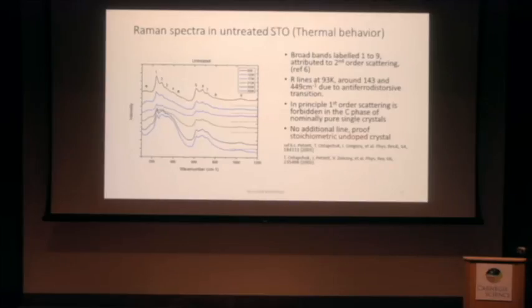We can see the peaks labeled 1, 2, 3, and so on, which are well known and attributed to second order scattering, and the R lines, which are seen at low temperature, are due to the antiferrodistorsive phase transition. I remind you that, in principle, first order Raman scattering is forbidden in the cubic phase. So we have no additional line. It means that it's proof that we have a stoichiometric undoped crystal.